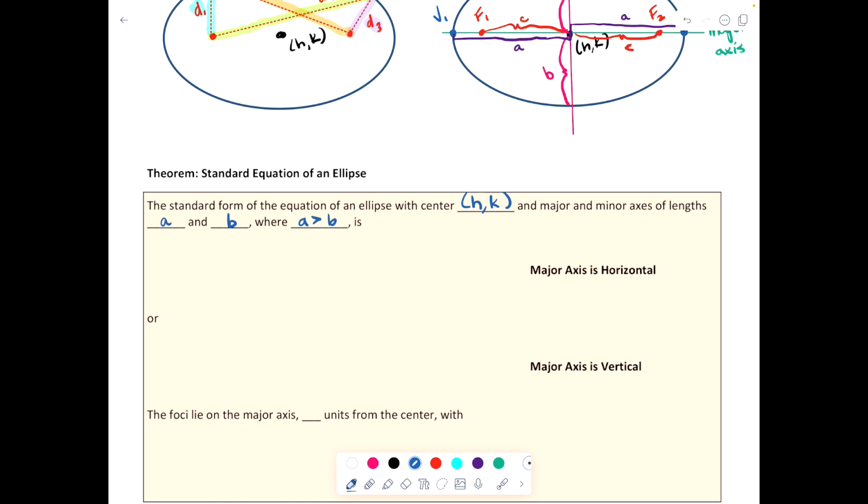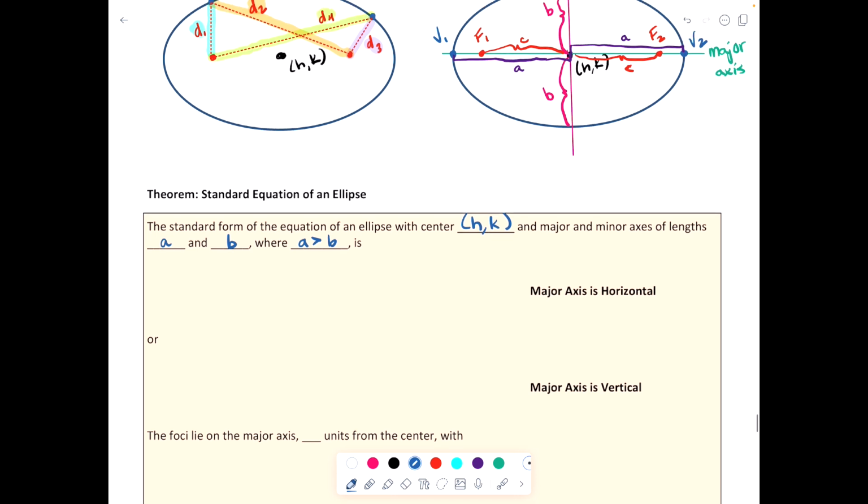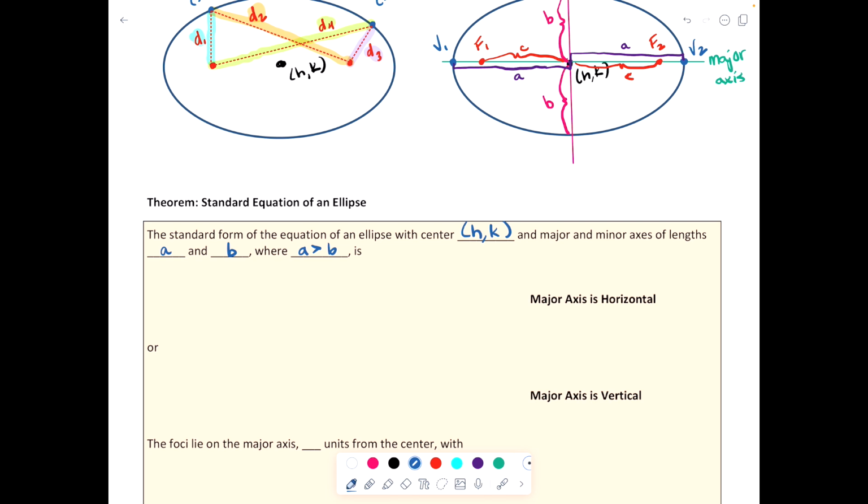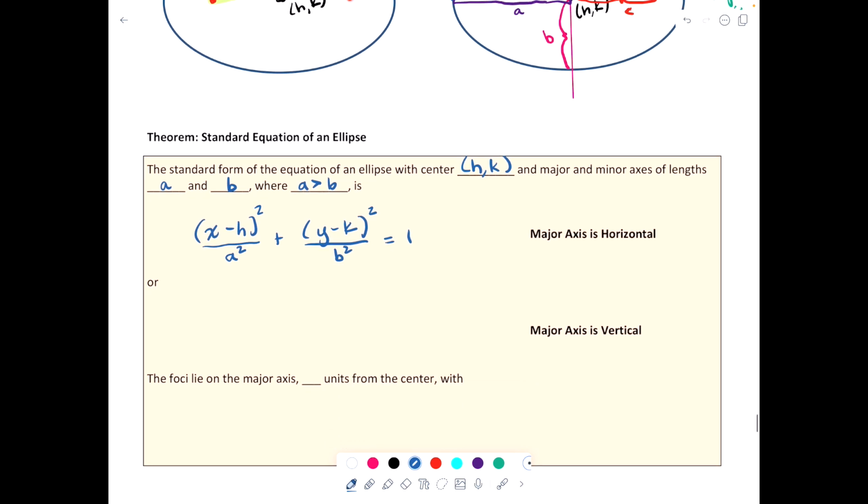If your major axis is horizontal, you'll have x minus h squared over a squared plus y minus k quantity squared over b squared equals 1.